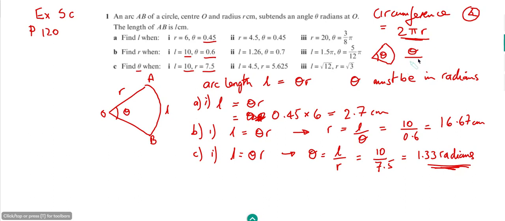If we're measuring it in radians, then the full angle in a circle is 360 degrees equals 2 pi. So if we multiply that by 2 pi r, we can see that the 2 pi's actually cancel, and so it simplifies to being theta r.